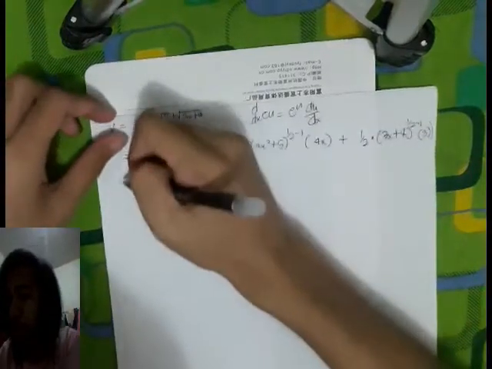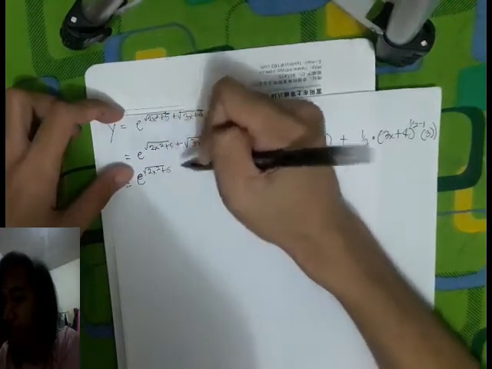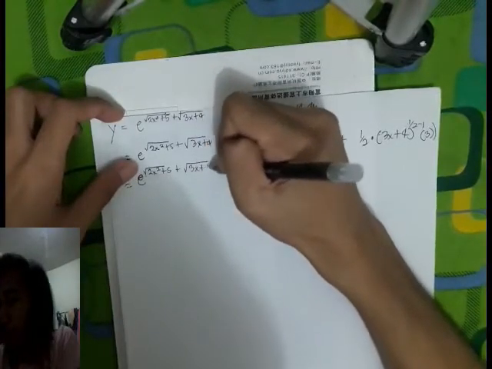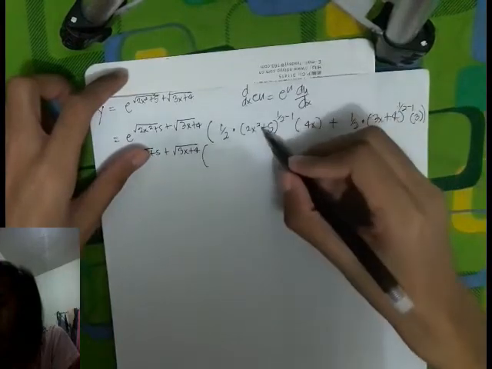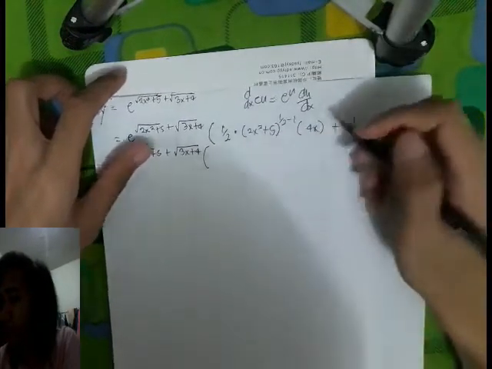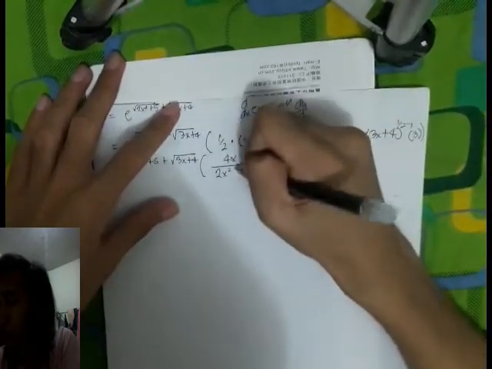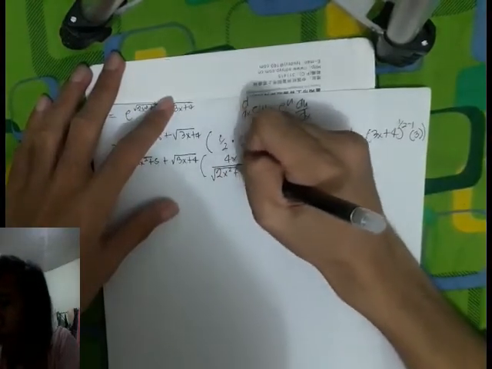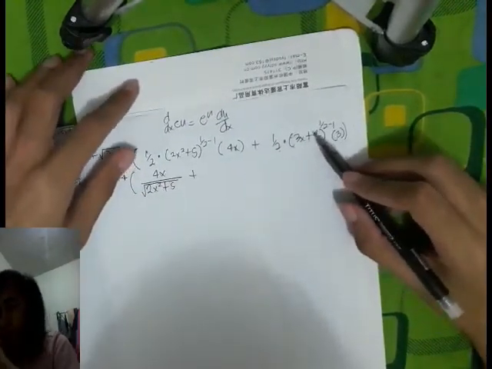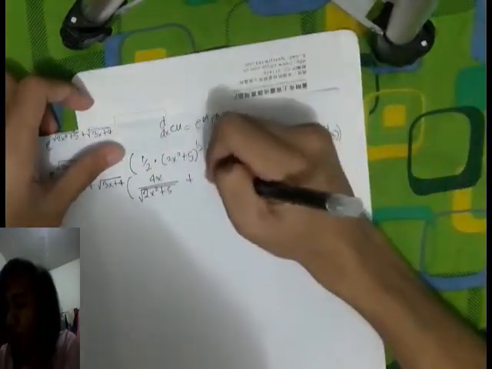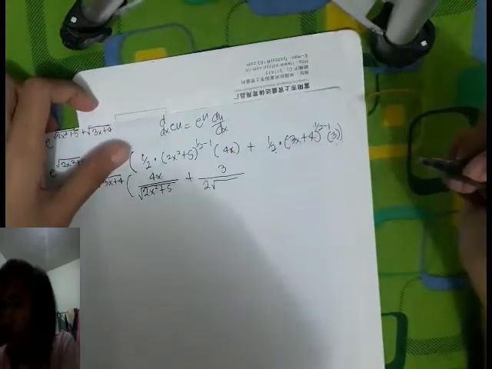Then simplify further: e to the power of square root of 2x squared plus 5 plus square root of 3x plus 4, times 1 half times 4, which will be 2x, times 1 over square root of 2x squared plus 5, which will be 4x over 2 square root of 2x squared plus 5, plus 1 half times 3, which will be 3 over 2, times 1 over square root of 3x plus 4, which will be 3 over 2 square root of 3x plus 4.